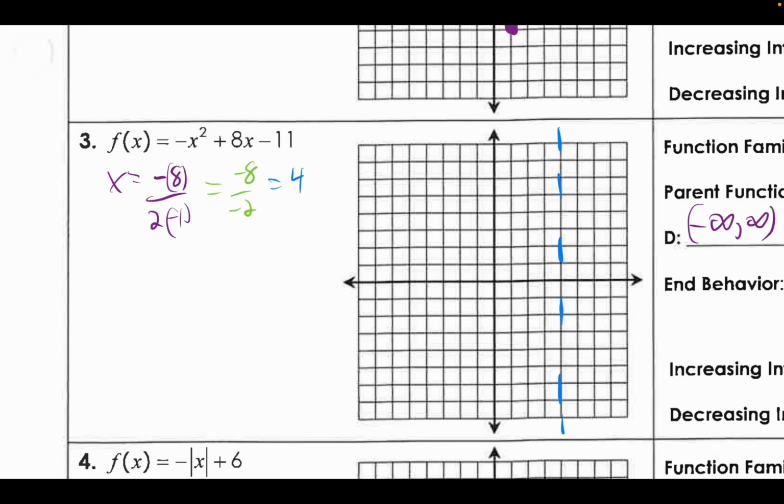I plug that in to find my vertex, and as I find my vertex, I end up getting it to be 4, 5 in this table I'll make. I knew we needed to make more points, so I'm going to use a table to do this.